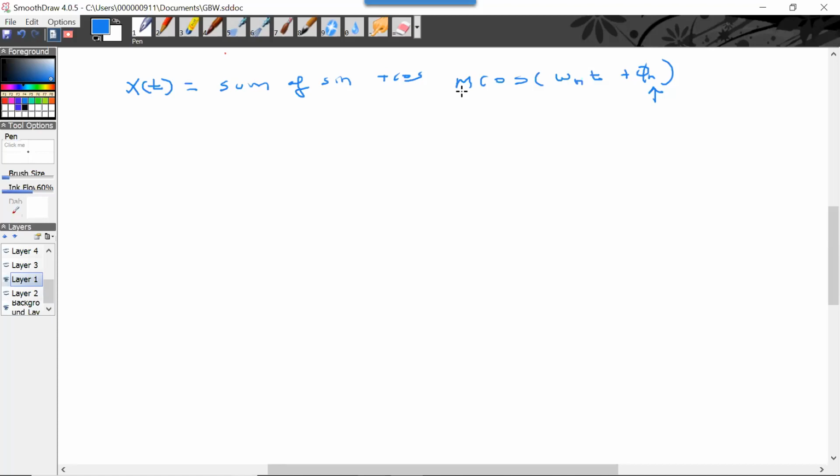We can convert anything into that. We are going to multiply it by a cosine at F_C, the carrier frequency.